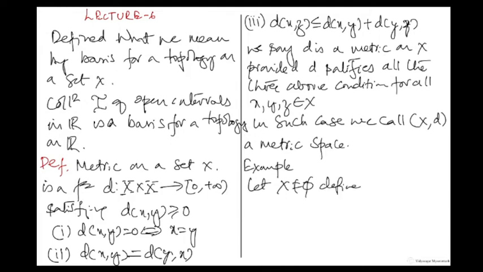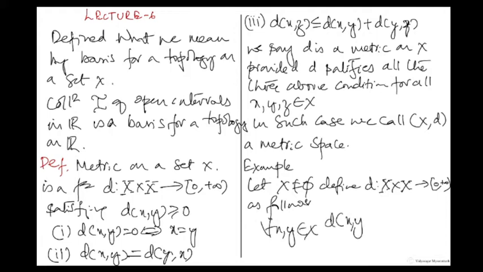Define d from X cross X into the collection of all non-negative real numbers as follows. For every x, y in X, define d of x, y to be 0 if x is not equal to y, 1 if x equals y.